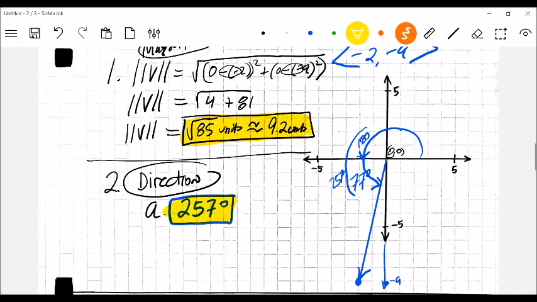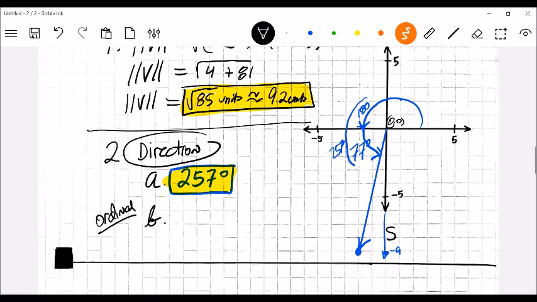But now, instead of from the initial side, I want the ordinal direction. And for that one, I'm going to use the fact that this is south and this is west. And then the angle that I need is this one that's here, from the south towards the west.